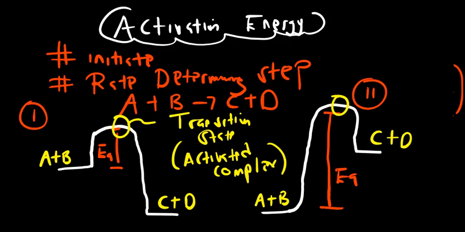What you're able to see is that the lower the activation energy, the faster the reaction is going to happen. And the higher the activation energy, the slower the reaction is going to start. This one has to overcome all this barrier for it to start.